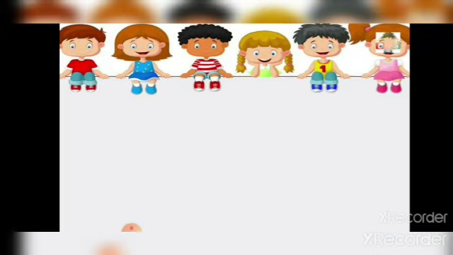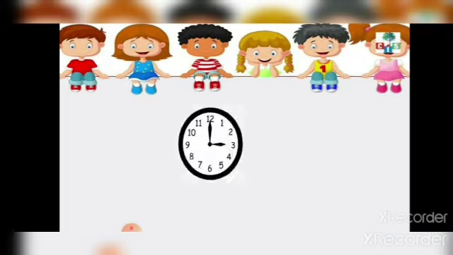Now, a clock has two hands. One hand is short and another is a long hand, right? The short hand is also known as the hour hand. It moves slowly. It shows the hour.